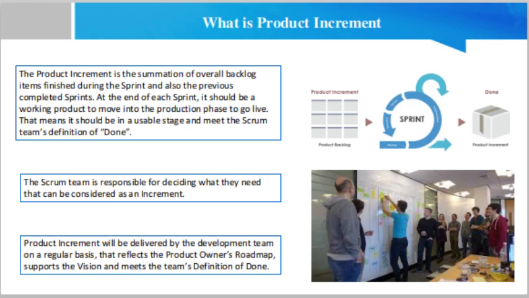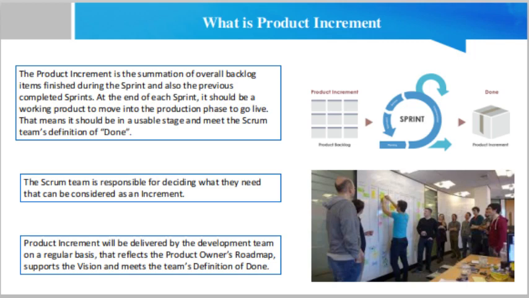That means it should be in a usable stage and meet the Scrum team's definition of done. The increment should be ready for use, regardless of whether the product owner decides to release it. The most important final artifact in the Scrum framework is the actual product increment.